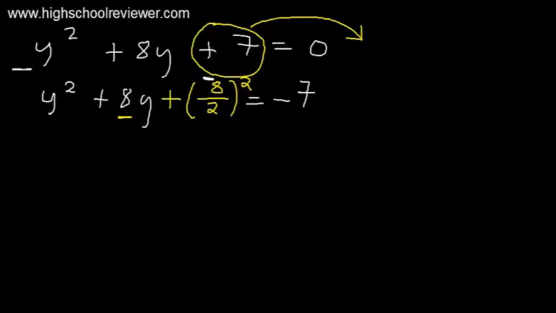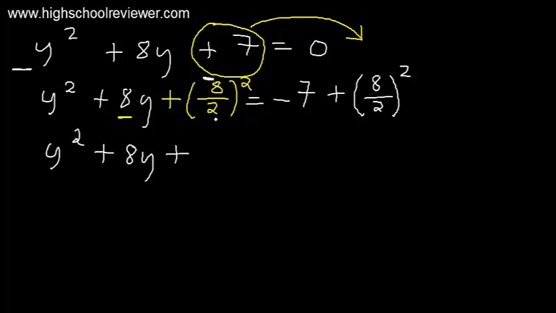Now take note, whatever is added on the left side must also be added on the right side so that our equation will not be changed. So y squared plus 8y plus (8 over 2) raised to the power of 2, equals negative 7 plus (8 over 2) raised to the power of 2. 8 divided by 2 is 4, so this will be 4 raised to the power of 2, and this will be negative 7 plus 4 raised to the power of 2.